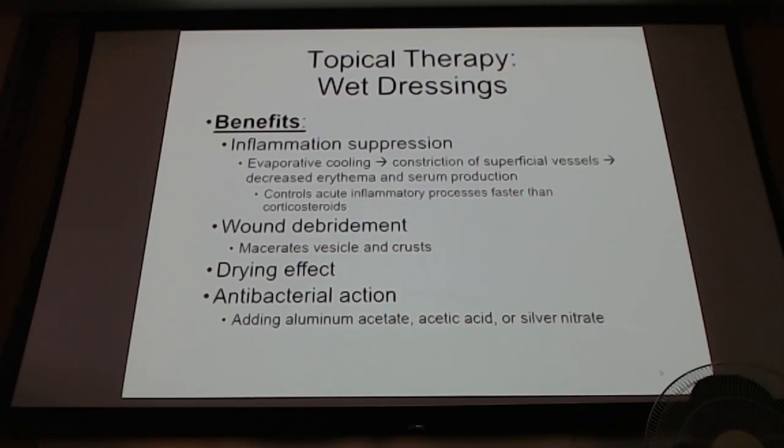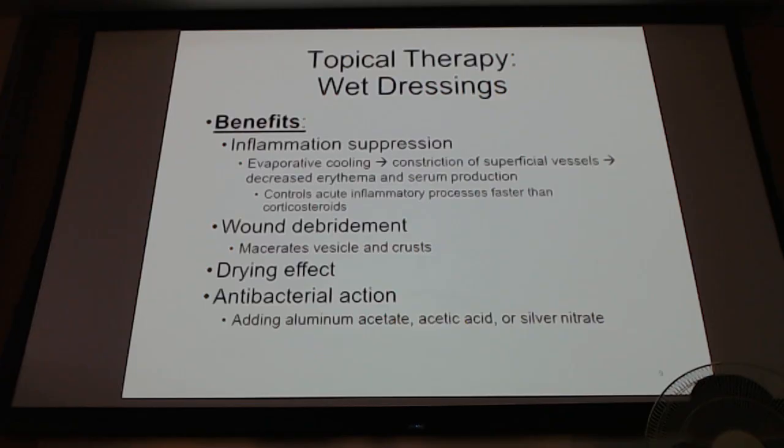Of course, we're doing this because we want that inflammation suppressed. So evaporative cooling, constriction of superficial vessels, decrease erythema and serum production. Wound debridement, so if it's got vesicles or if it's got the crust, then we want to debride those things, take them away.